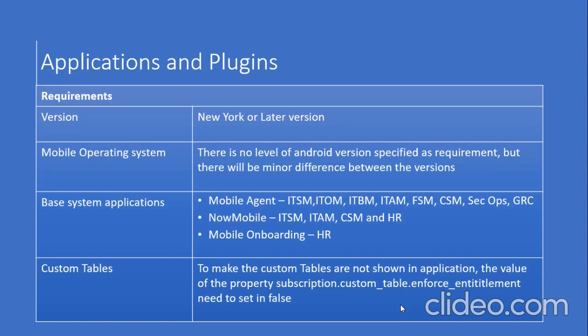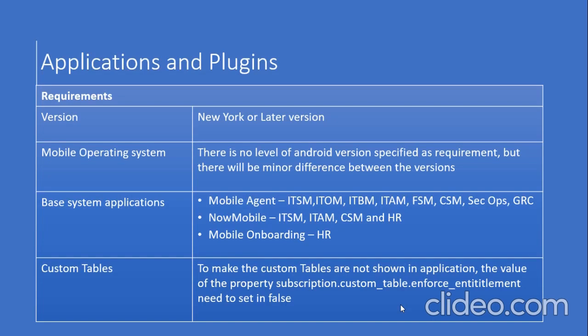Let's see what are the requirements for the application development. The version needs to be the New York version or later versions. The application does not depend upon the Android version or the iOS version, but there will be minor differences between these versions. And we can see what are the modules of each mobile application that will be supported.